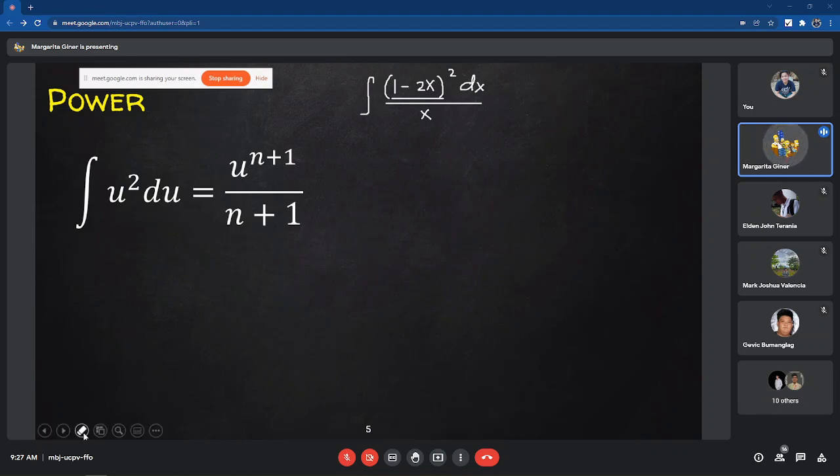Kung pasakaon sa ining x sa babaw, ang wa niya sini is x minus 1. Multiply mo siya by 1 minus 2x squared dx.